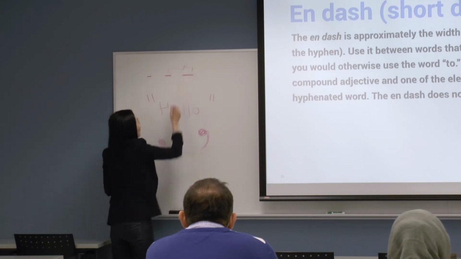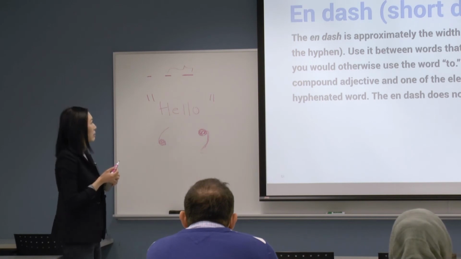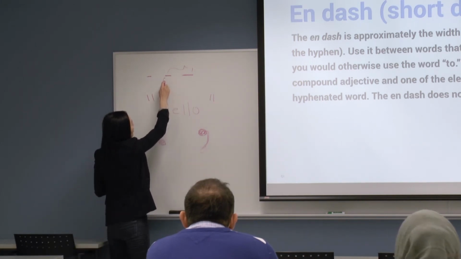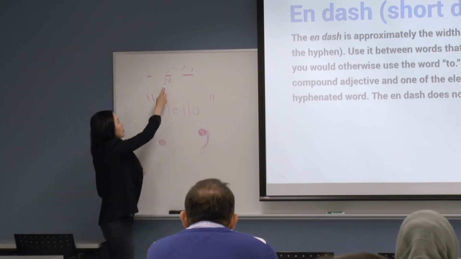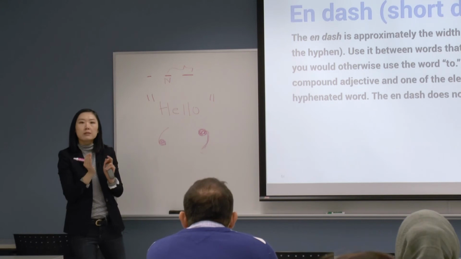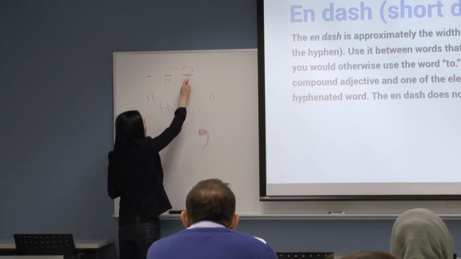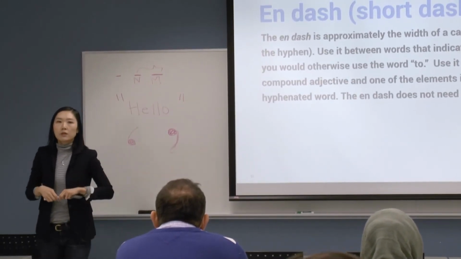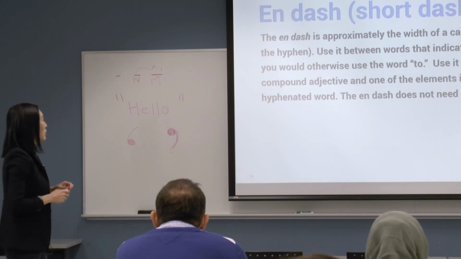One is called an N dash, and the other is called an M dash. N dash stands for the shorter one. It came from the length of the letter N in that character set, and the M dash is the wider one, generally the width of the M, the widest character in that character set.